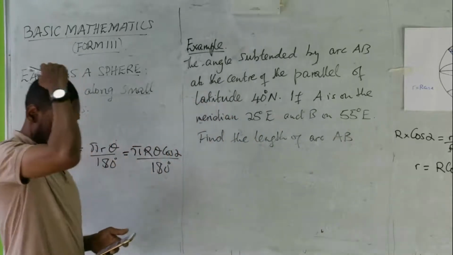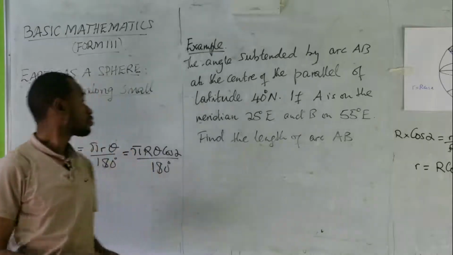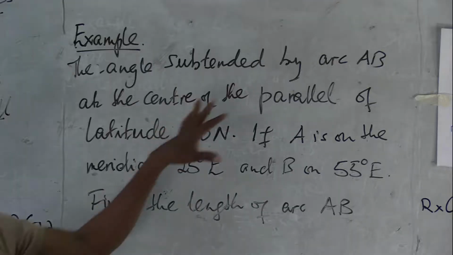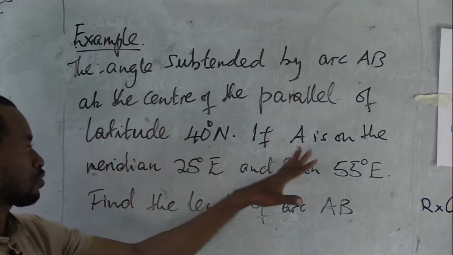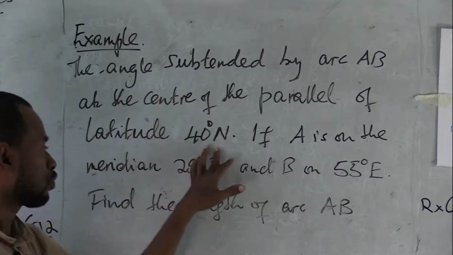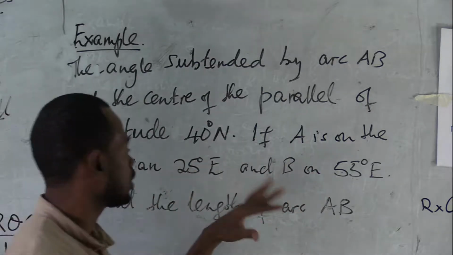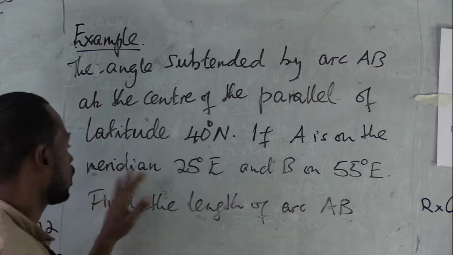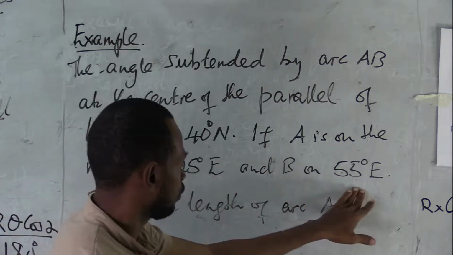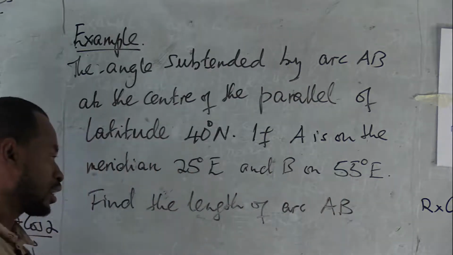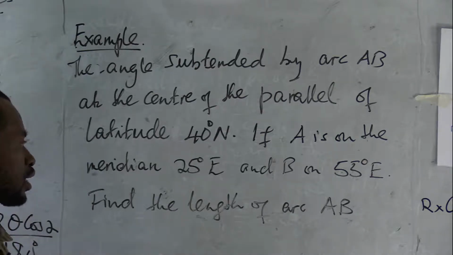Okay, we have this example here. The angle subtended by arc AB at the center of the parallel of latitude is 40 degrees north, if A is on the meridian 25 and B 55, both east. Find the length of arc AB.